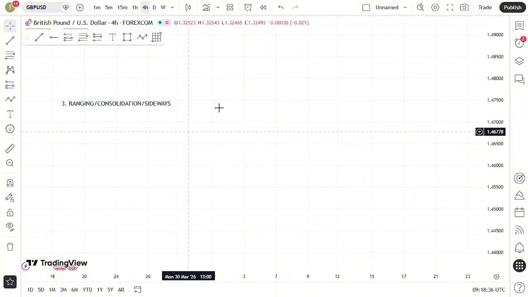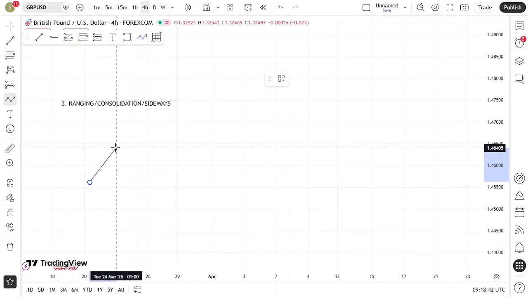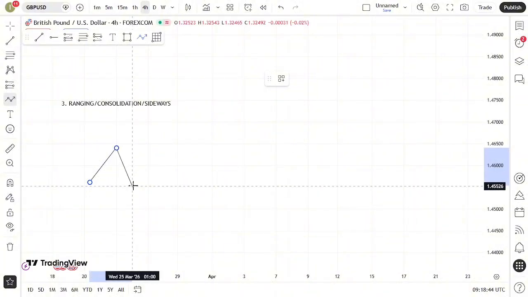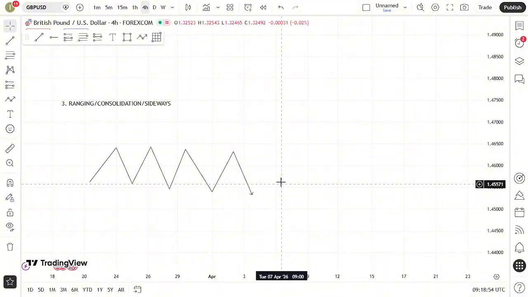It's just moving sideways, something like this: up, down, up, down, up, down. Now this very market right there is what you call your ranging market.